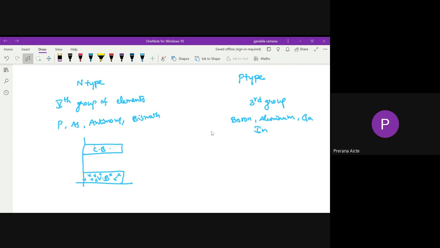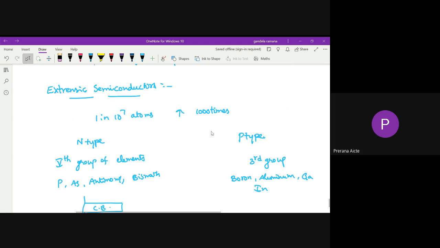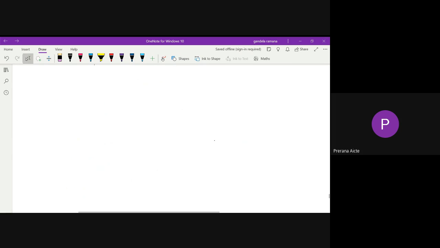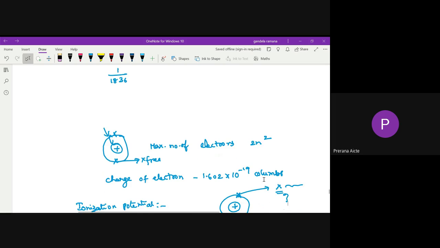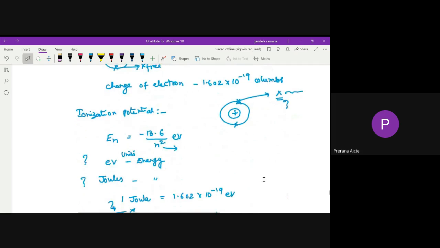See the structure for intrinsic semiconductors.